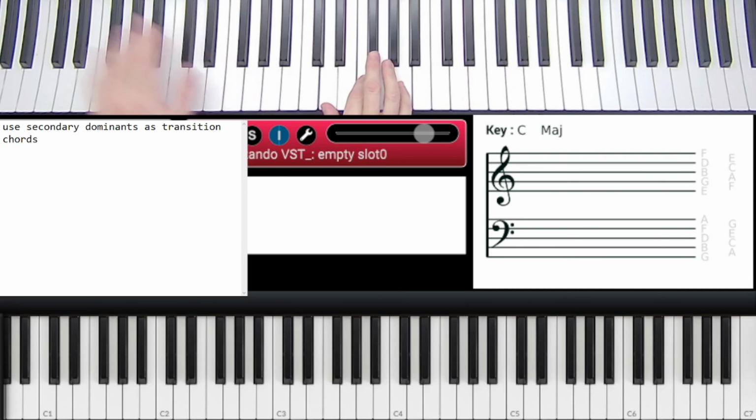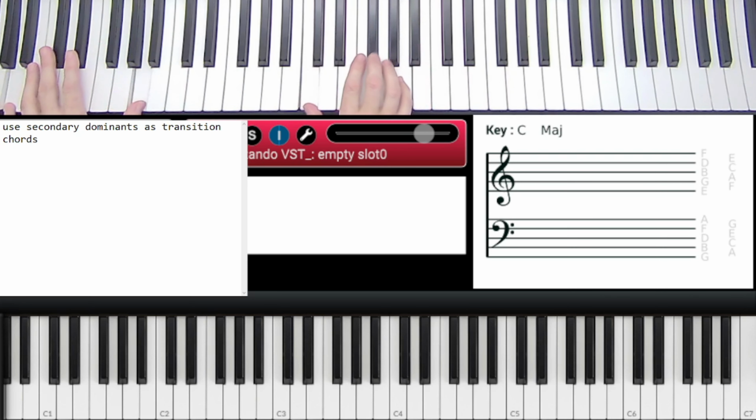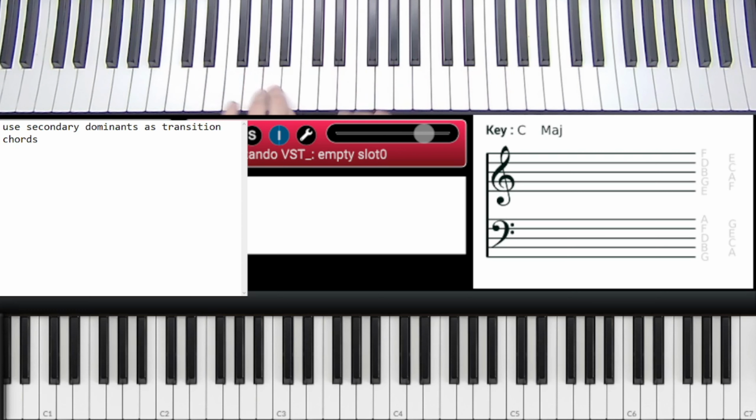There's our transition. So even though I'm thinking in terms of secondary dominance, I'm using that dominant chord just to go to a different key, okay? So I don't have to return to C.